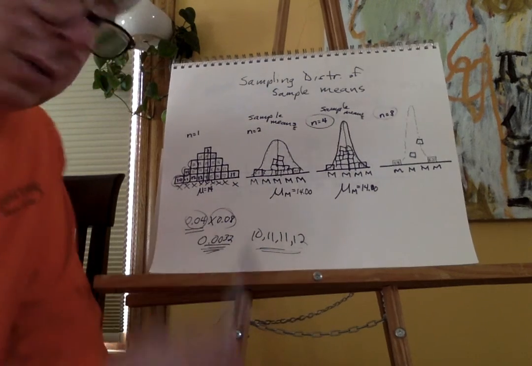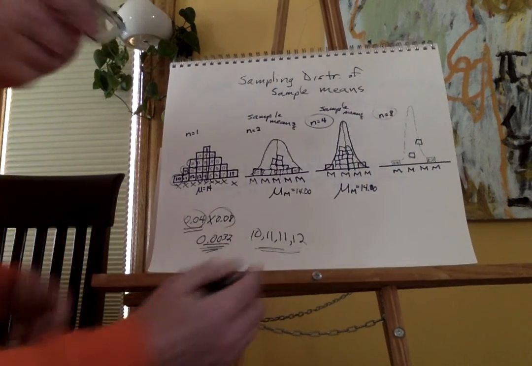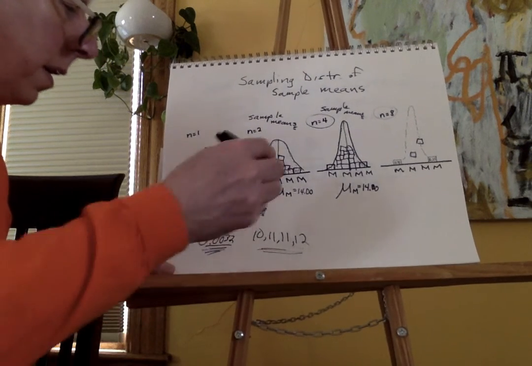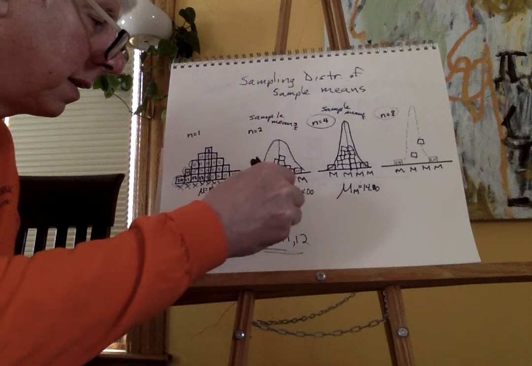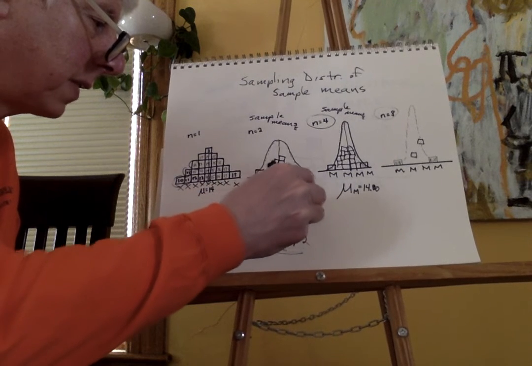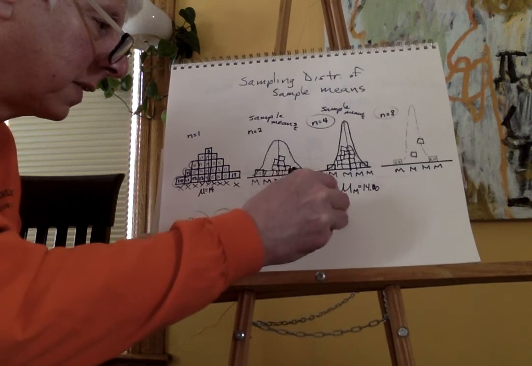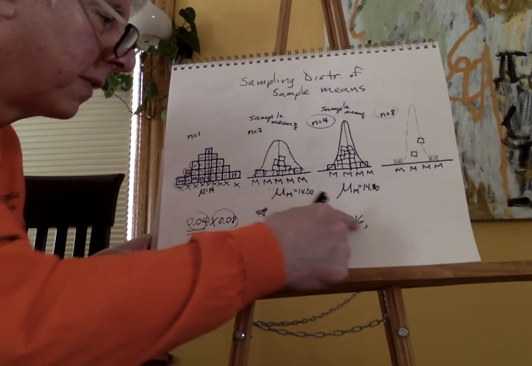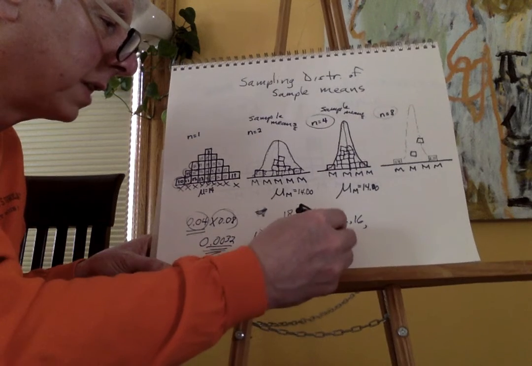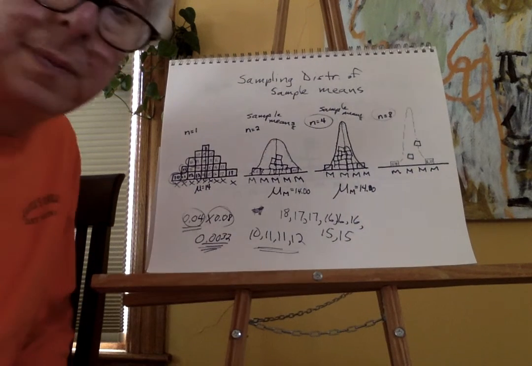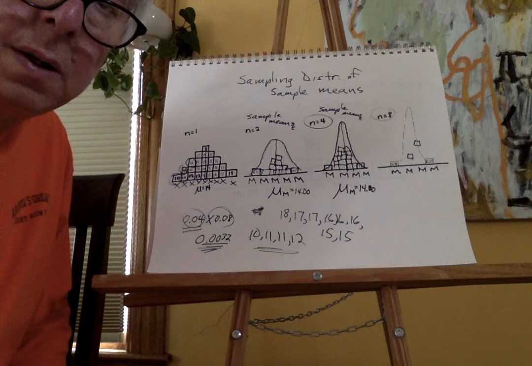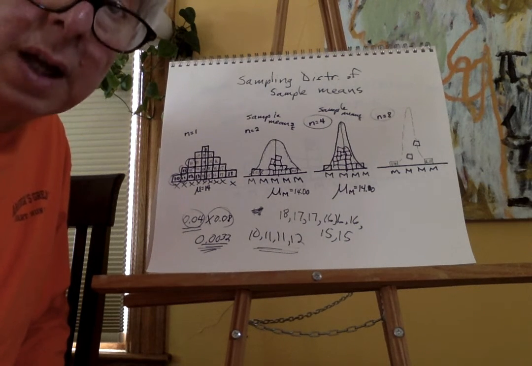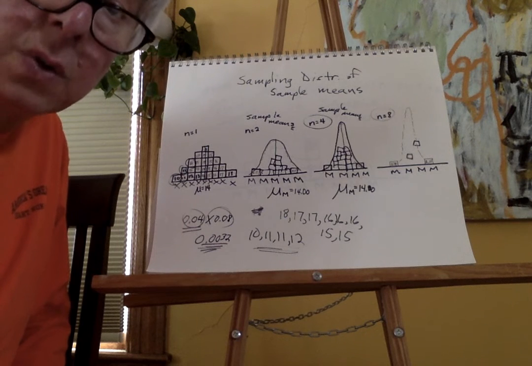Well, that would require me to get the 18, my ink's running out here. That would require me to get 18 plus 17 plus 17 plus the 3 16s plus 2 15s. Everybody with me? To figure out the highest mean of 8, I would need to get the highest 8 scores.